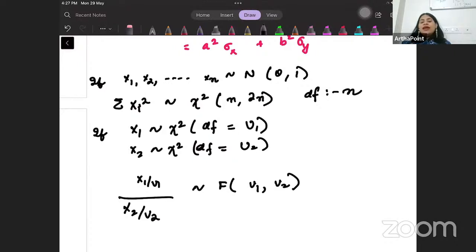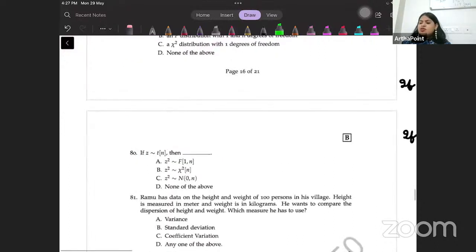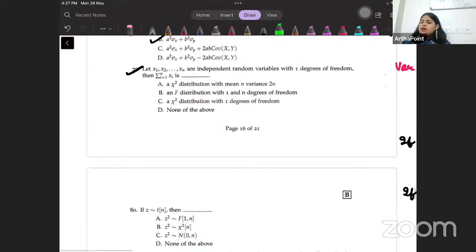Now they did not tell us whether the xi's are chi-square distributed, normally distributed, or how they are distributed. They just mentioned that they are distributed independently with 1 degree of freedom. I don't know what distribution they come from, whether it is a normal distribution or not, right?